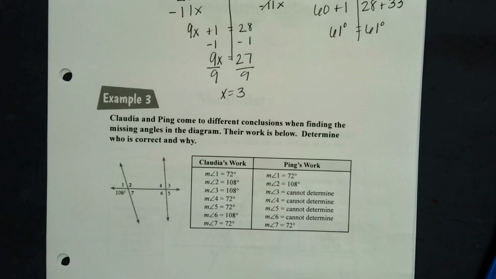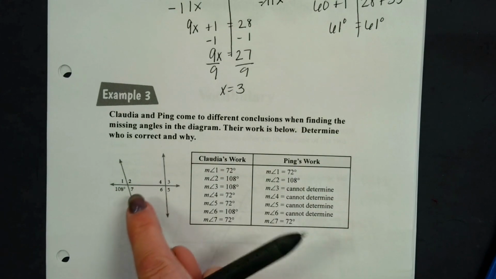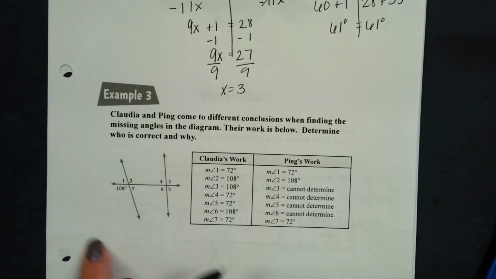What's the first thing you notice about this diagram here? There's something that stands out to me pretty strong that I notice right away. It's always the first thing we look for. The lines. They're not parallel. So can these all be congruent if they're not parallel? So who do you suppose is right?